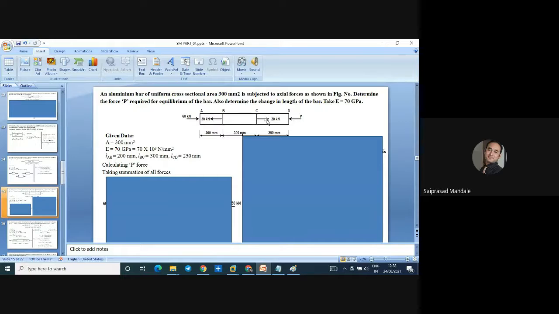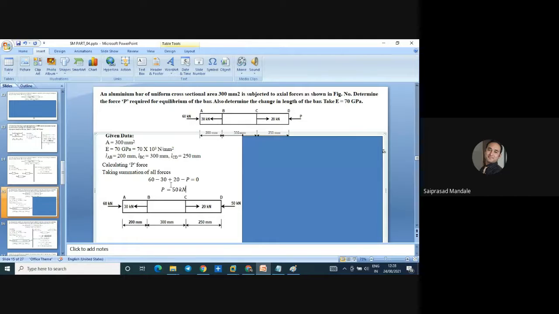And then 60 plus 20 is 80. 80 minus 30 is 50. So P would be equal to 50. Let us check. 50 kilonewton is the answer. Moving toward the positive x-axis is plus, moving toward the negative axis is minus. So addition of all those, we will have P.